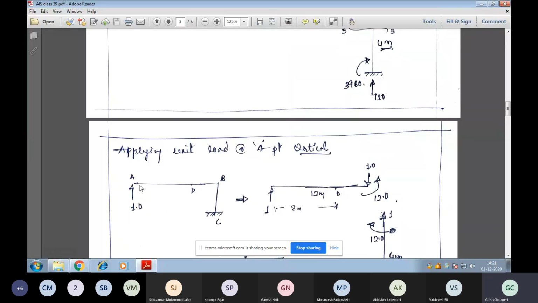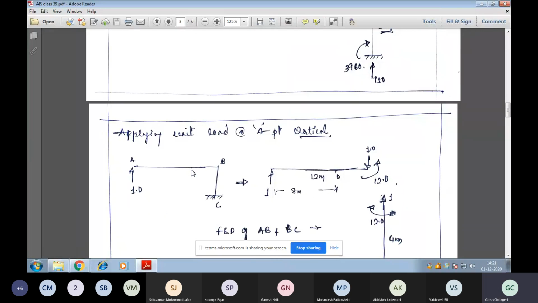So when we apply this load, let us consider a point D here. We can split members AD, DB and BC by finding the moments. Due to the unit load applied at point A, the load generated at point B will be 1, which is moving upward.